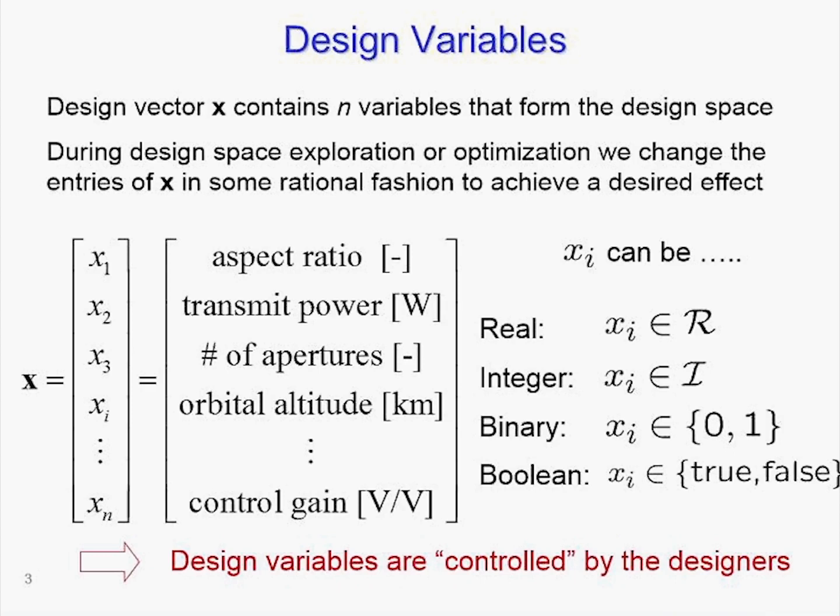And then the x_i's lie between the lower bound and the upper bound for the design variables, where some of these might be minus infinity or infinity if we don't actually have bounds.